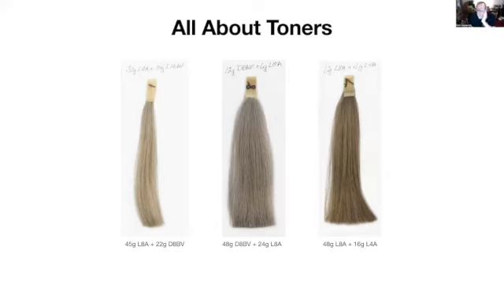And then this last one, I started out with liquid 8-ash, and then I added liquid 4-ash to it to give me this, once again, this beautiful, beautiful, almost dark blonde, between a medium and a dark blonde color.